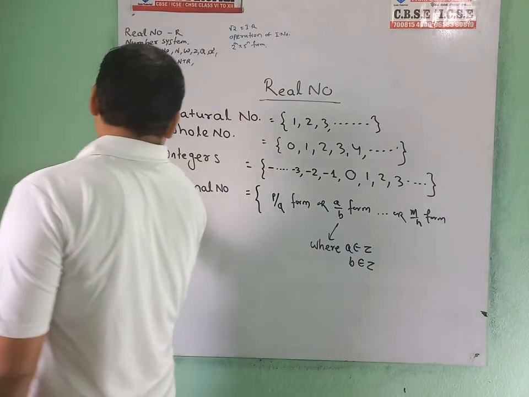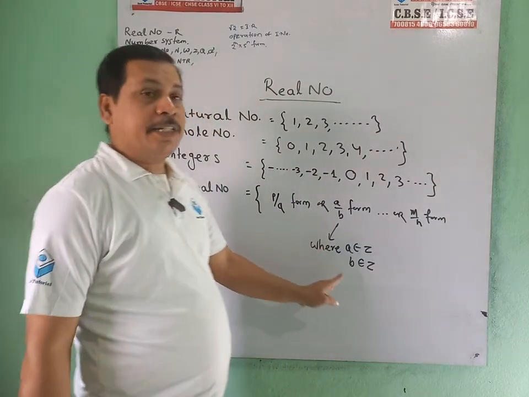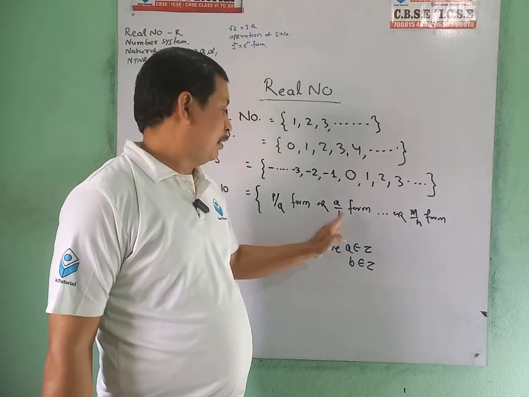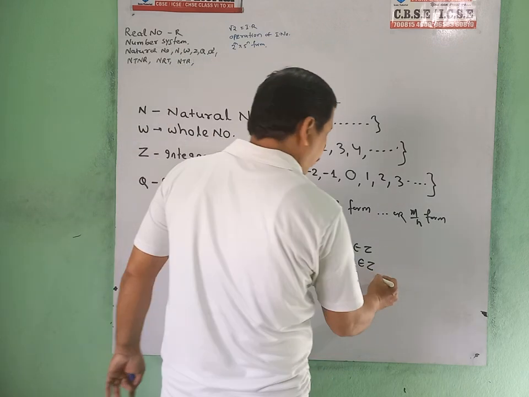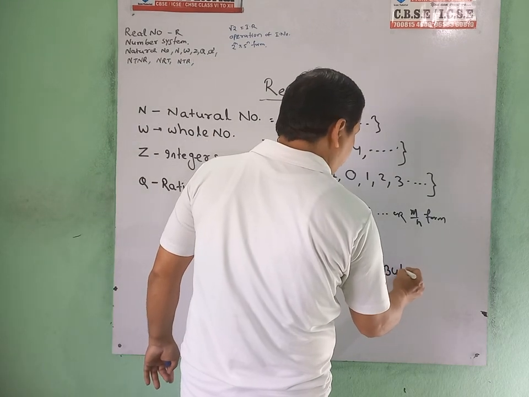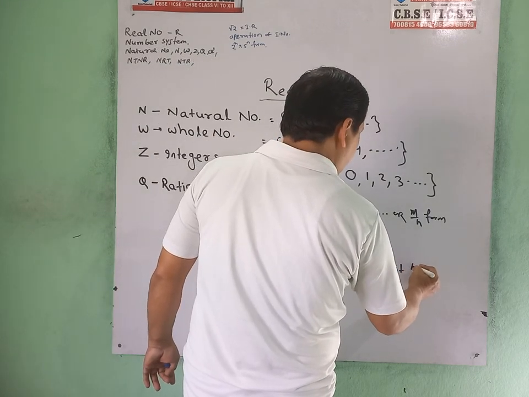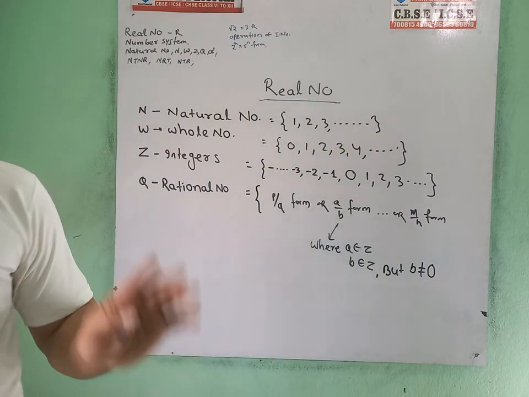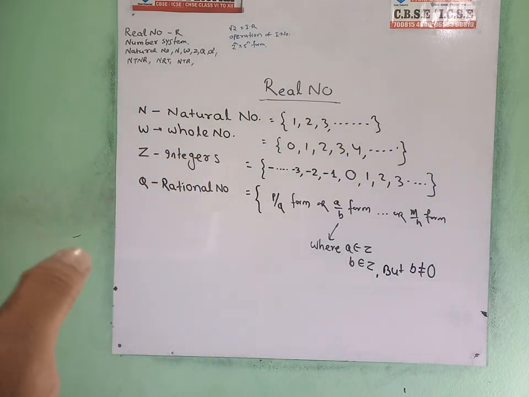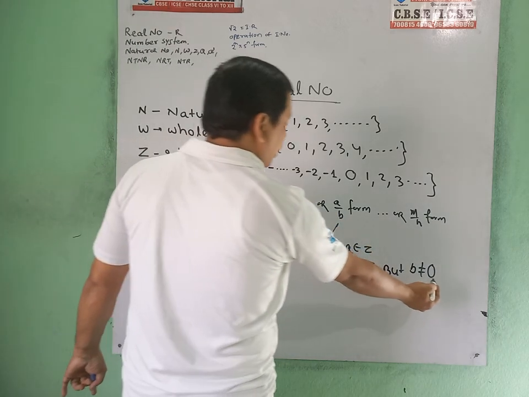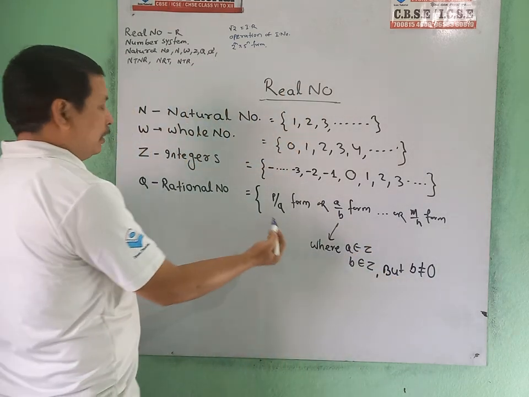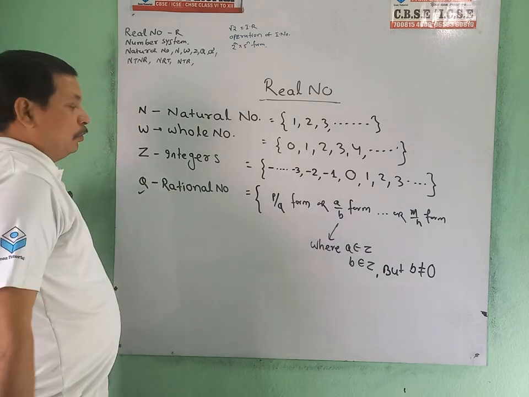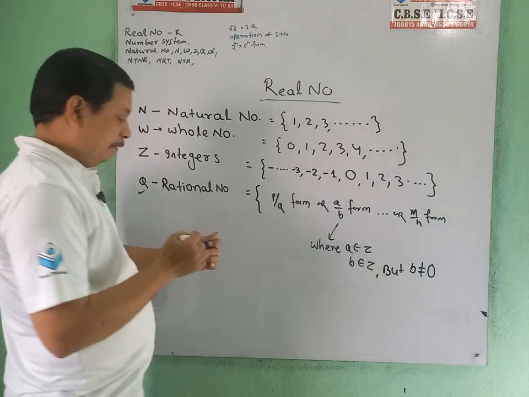Z is the integers. That means a should be an integer, b an integer, but for the denominator, what do we write? But b is not equal to 0. This is clearly visible on the board: b is not equal to 0. So when b is not equal to 0, in this condition the rational number exists. So next, this is clear.